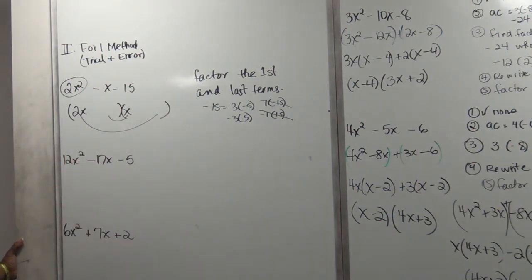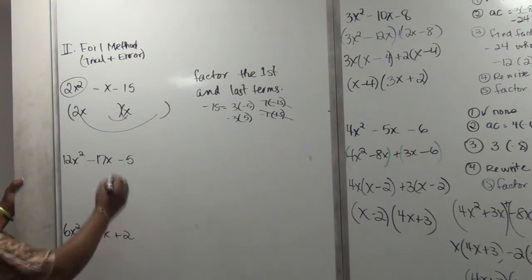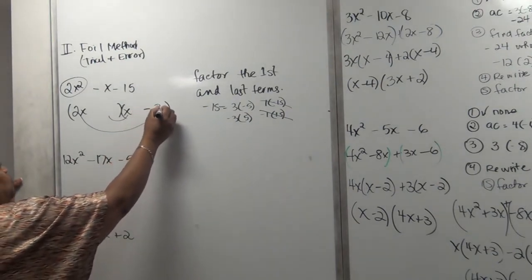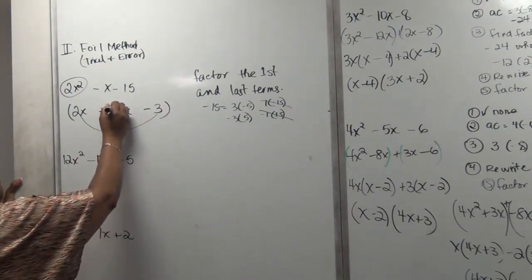Now, the only thing left is 3 and -5 or -3 and 5. And we're trying to get a -1. This will be a -3. And where's the -3 going to go? With the one with the x. The -3 is going to go here. And the +5 here.